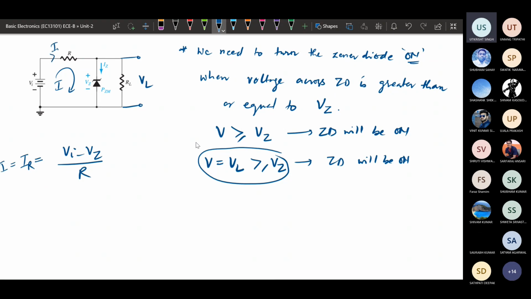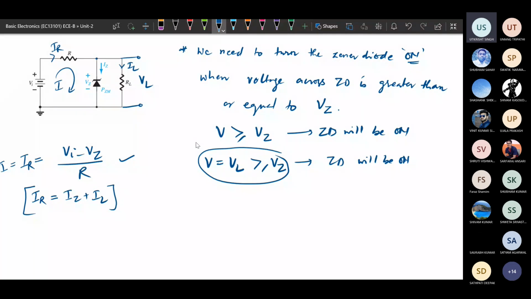The current flowing through the Zener diode is IZ, and the current flowing through the load is IL. So this is one equation. Another one is, by using KCL at this node, IR equals IZ plus IL. So this is another equation.